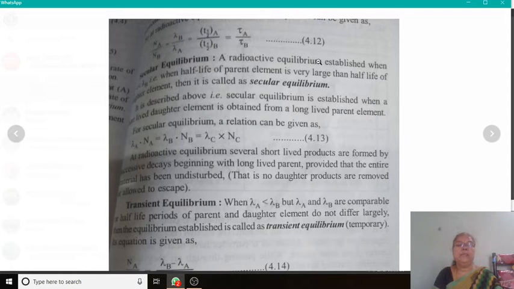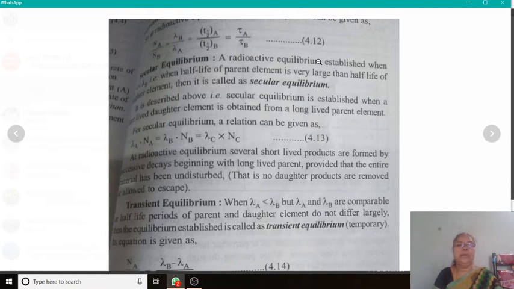For secular equilibrium, a relation can be given as lambda A Na is equal to lambda B Nb, which is equal to lambda C Nc.